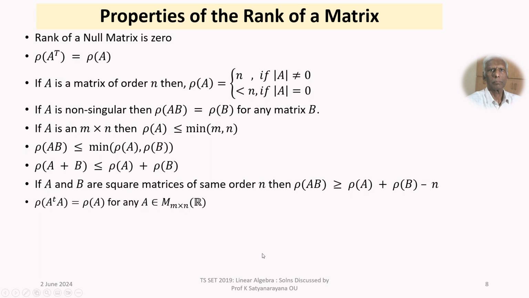So these are some of the very important properties of the rank of a matrix. I am sure you will note down these things and be ready for the examination. Right. So let's move to the next question.